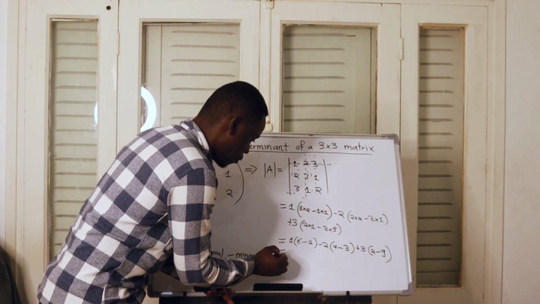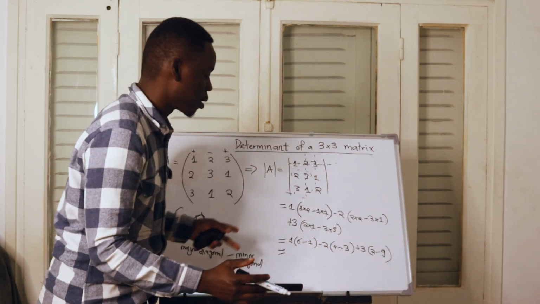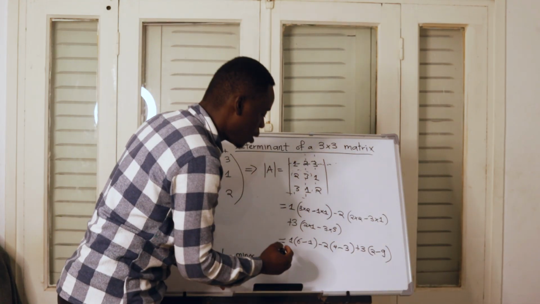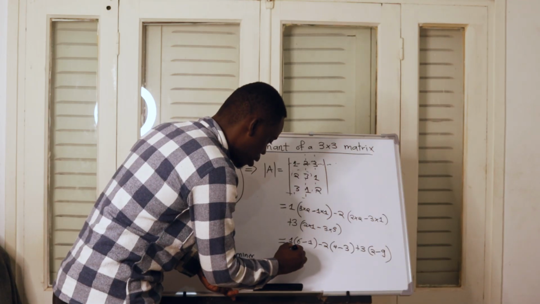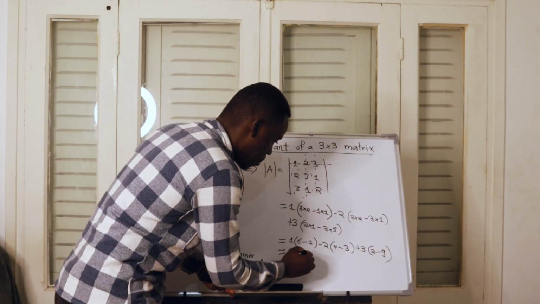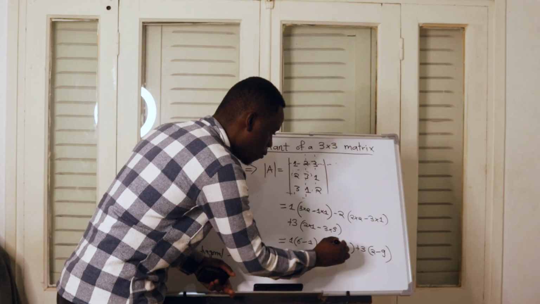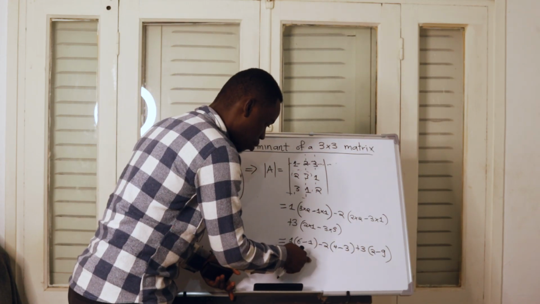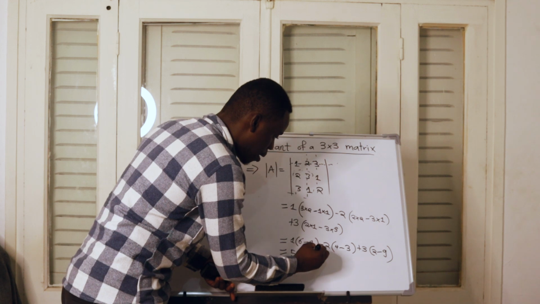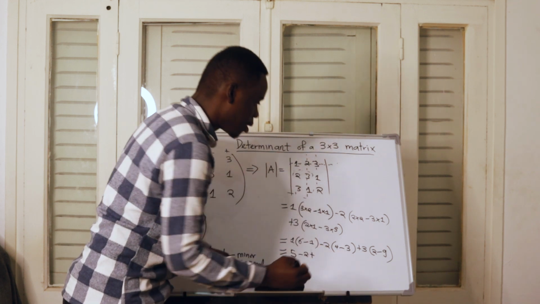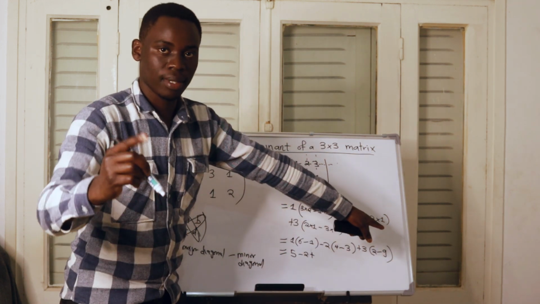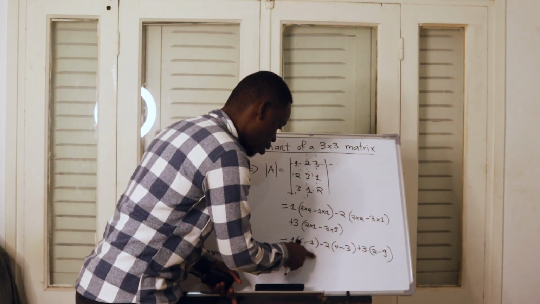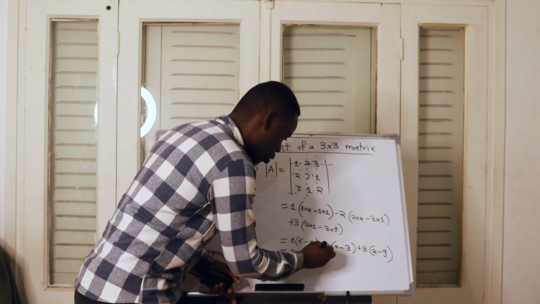So we simplify further. 1 times the brackets is the same thing that we find in the brackets, which is 6 minus 1, which is 5. So this would be 5 minus 2, 4 minus 3 is 1, and 1 times 2 gives us our 2 right here. Then at the end, plus 2 minus 9 is negative 7. Negative 7 times 3 is negative 21. So we're going to have negative 21.